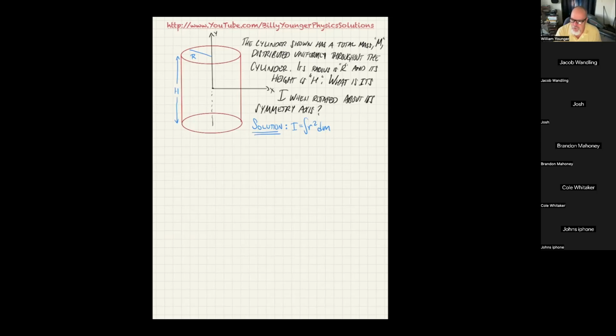So what you do is you try to make a differential mass element that, since the integrand is r squared dm, doesn't allow r to vary by more than a differential amount, so by an infinitesimal amount. So it turns out what we can do is, I'm going to do it in green, okay?